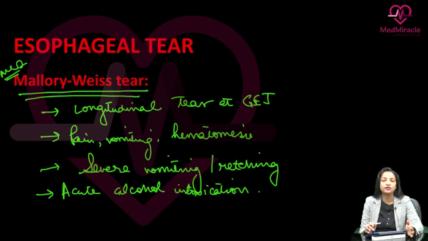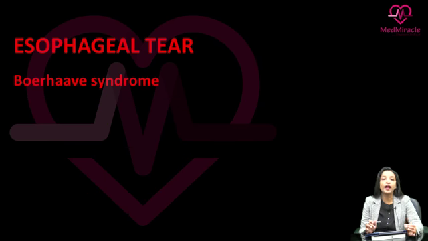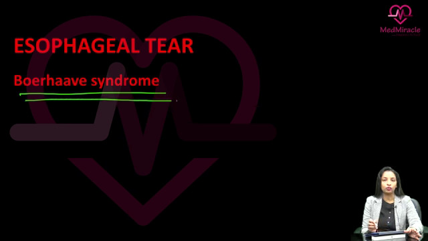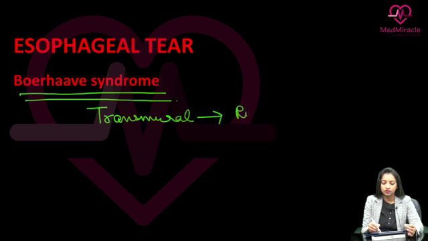Sometimes this tear can be transmural, that is through and through, in which case it is called as Boerhaave syndrome. So Boerhaave syndrome is a syndrome in which the esophageal tear is transmural. So there is rupture of esophagus.